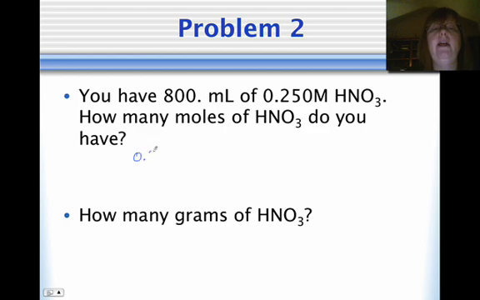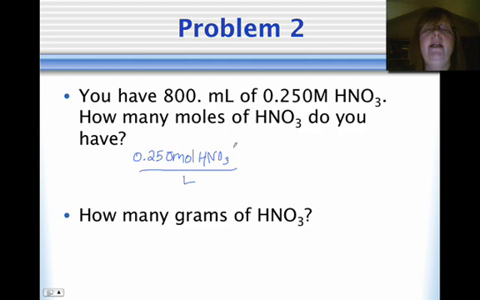Well, our molarity, and I tell my students, when you see a capital M meaning a molar solution, there's some hidden information in that. Go ahead and write down moles of nitric acid per liter. Now we have our molarity, and we are going to multiply that by our volume in liters. 800 milliliters divided by 1,000 gives you liters.